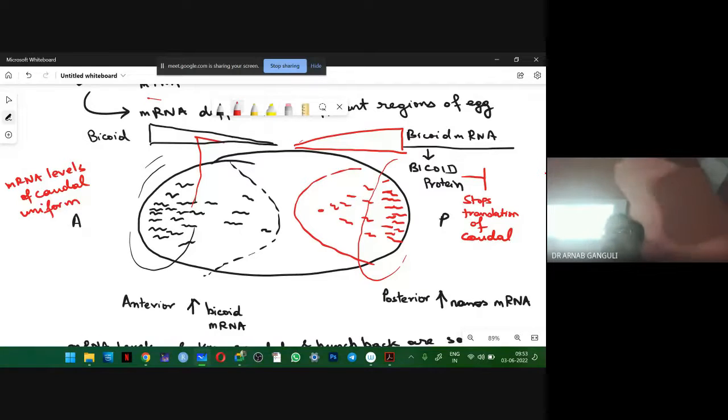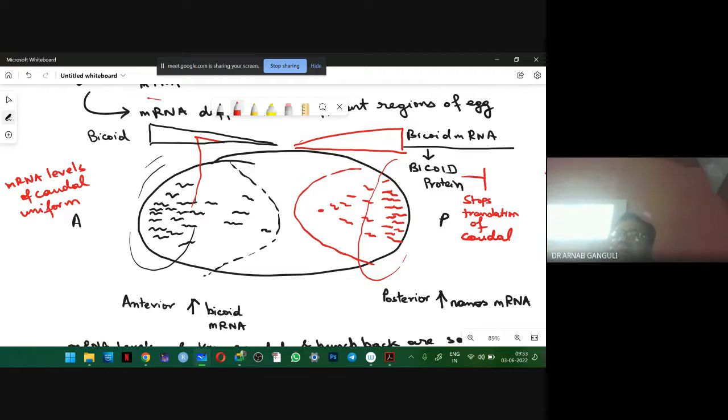Uniform means it is the same throughout the egg. Not like bicoid and nanos, where bicoid is concentrated at the anterior end and nanos at the posterior end, and both exist as a gradient, highest at the end and lowest in the center.